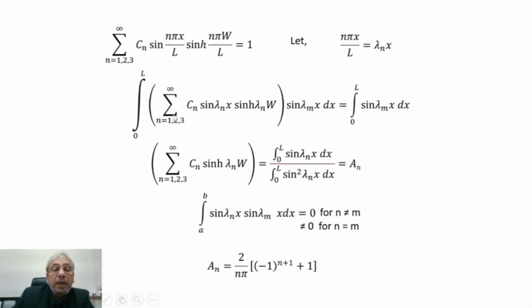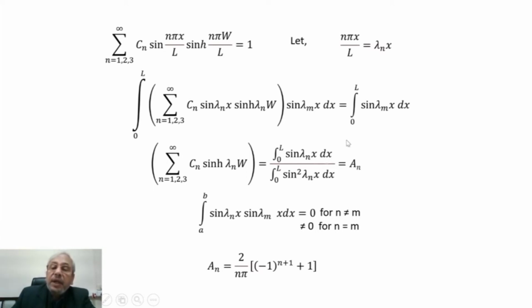So from here we can write summation n equal to 1, 2, 3 up to infinity, any integer, Cn sine hyperbolic lambda n w, this part equal to integral 0 to L sine lambda n x divided by integral 0 to L again sine square lambda n x.